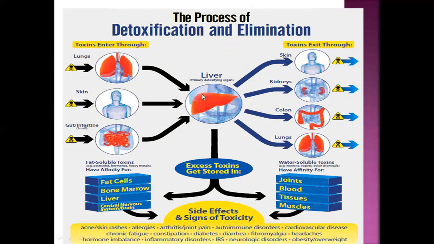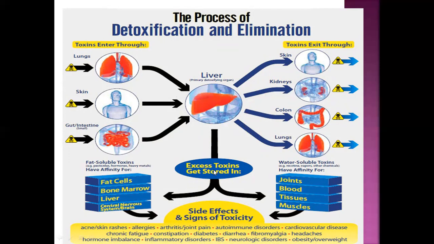The liver detoxifies all the organs, and then toxins exit through the skin by sweat, through the kidney by urine, through the colon via the rectum, through bile, and through the lungs in the form of carbon dioxide.